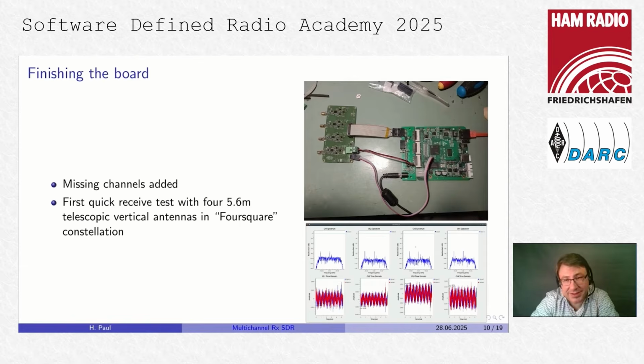This is important later for direction finding. So it was really pleasing to see that I get 4 spectra which are similar but not really identical. So it was a nice sight in this case.